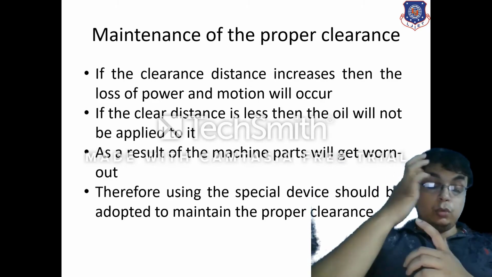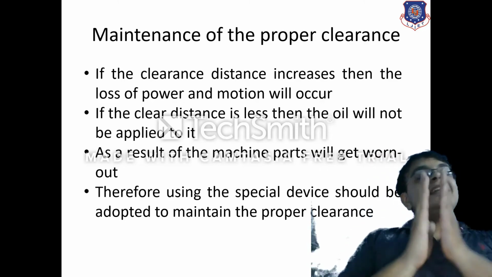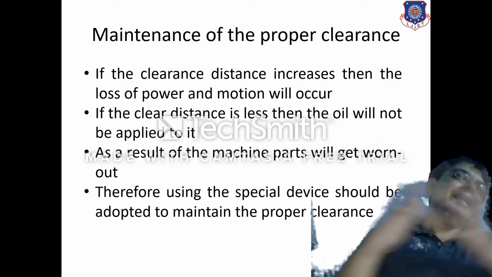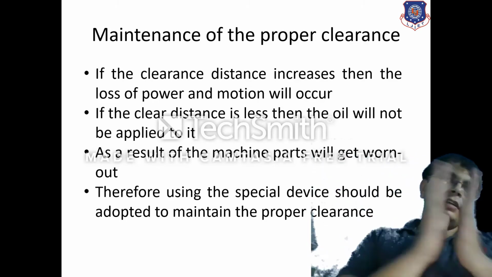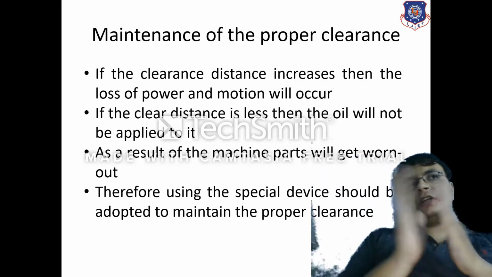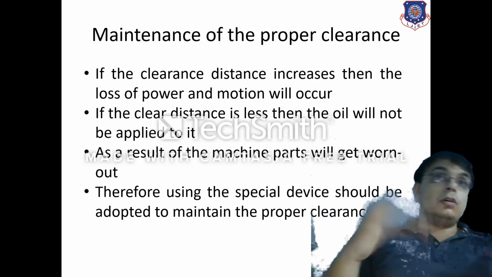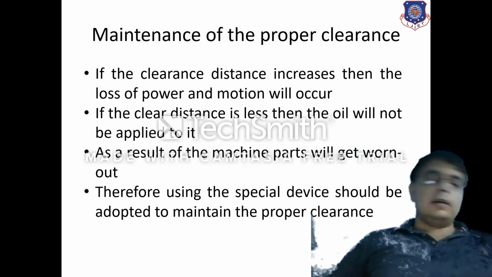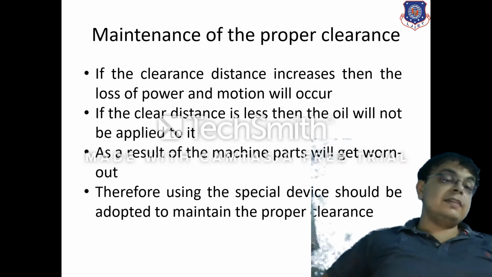So the only thing required is to maintain the clearance. An optimum clearance is required to be maintained by any suitable or special devices so that there will be no extra contact and no loss of motion. By doing so, the wearing of the surface of the machine can be prevented and the design life can be raised.